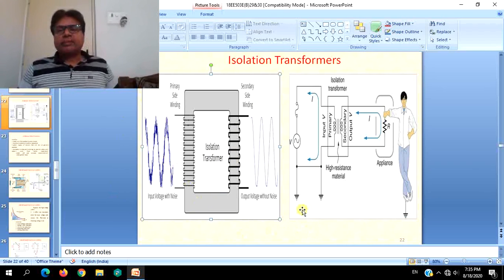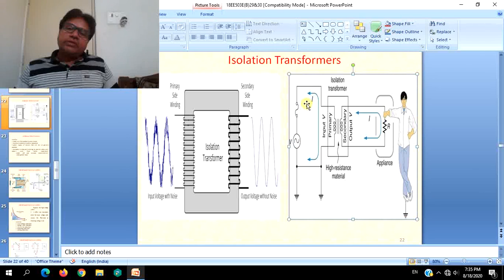The load will get a proper sinusoidal waveform, and electrical isolation is also provided between the load side and the supply side. Here is another picture depicting the avoiding of the hazard of electrical shocks, where V is the main sinusoidal supply source, which is given as the input to the primary of the isolation transformer. To the secondary of the isolation transformer, the load is connected.